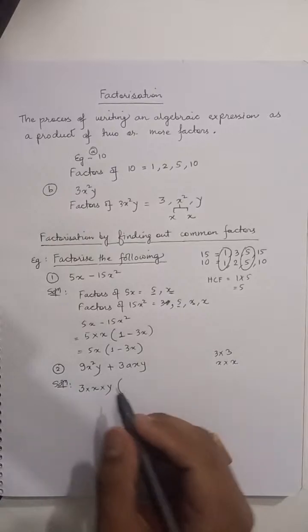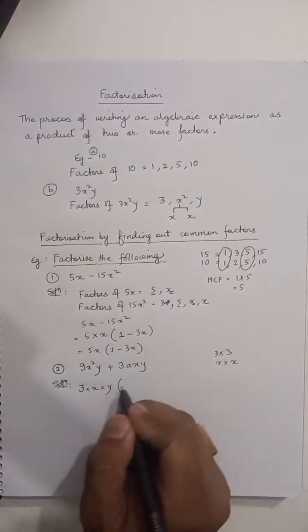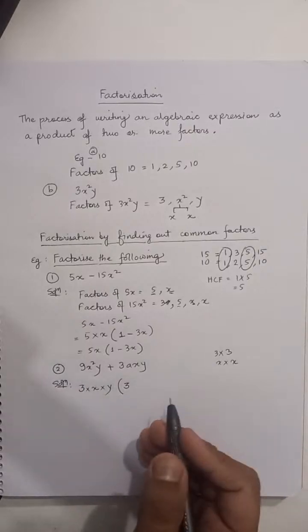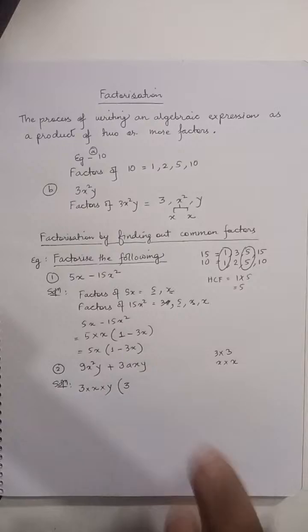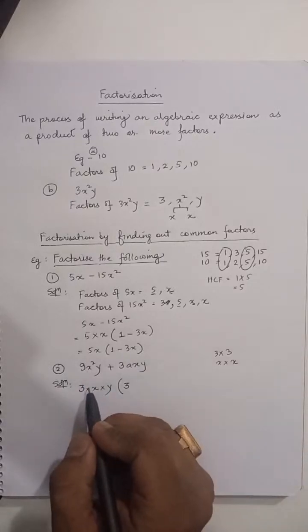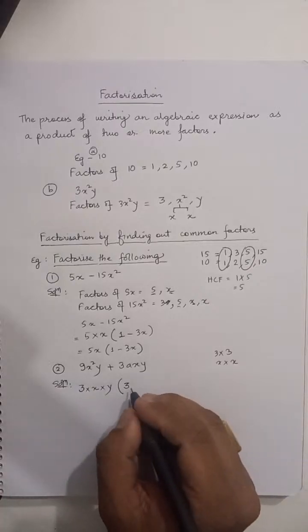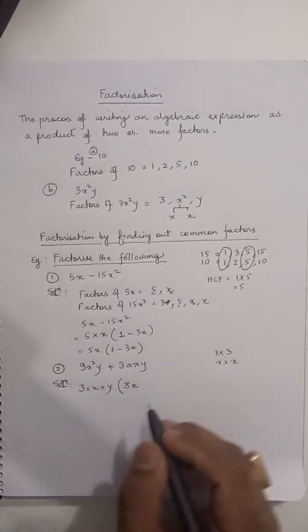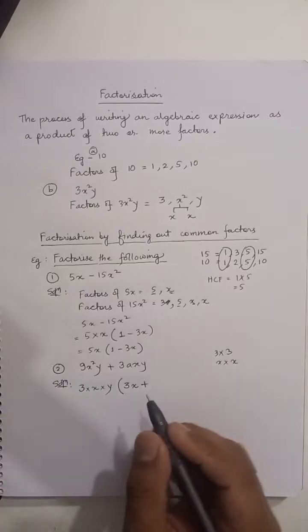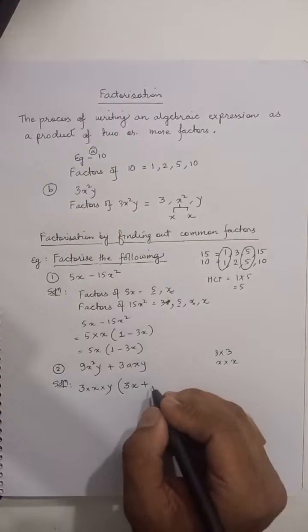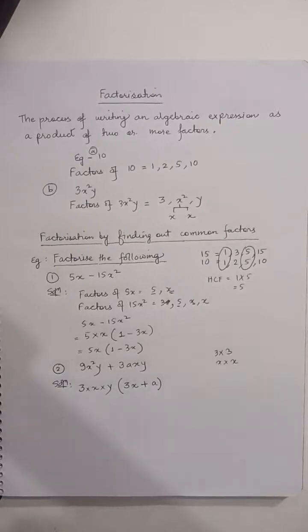Then we are left with 3, because 3 into 3 is 9, so one 3 came out as a common factor and the other 3 stayed inside the bracket. x into x was there, we wrote one x outside so the other x stays inside. We wrote y outside, so we will be left with 3x plus, and 3, x and y written outside, so we have a.